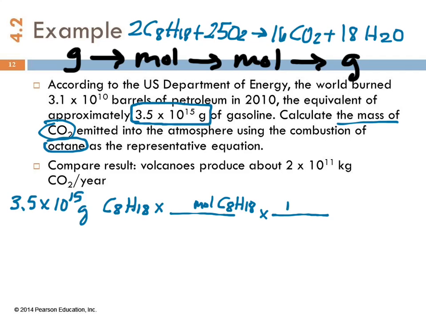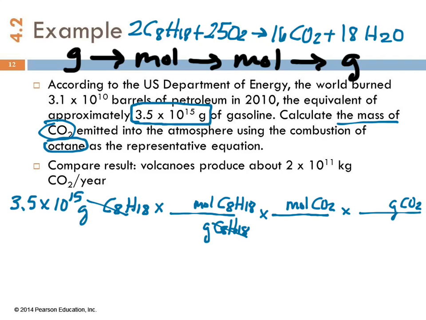Moles of the first thing to moles of the second thing to grams of the second thing. Grams to moles to moles to grams, grams to moles to moles to grams. And it's just dimensional analysis. We're going to stick our units in so they work out.